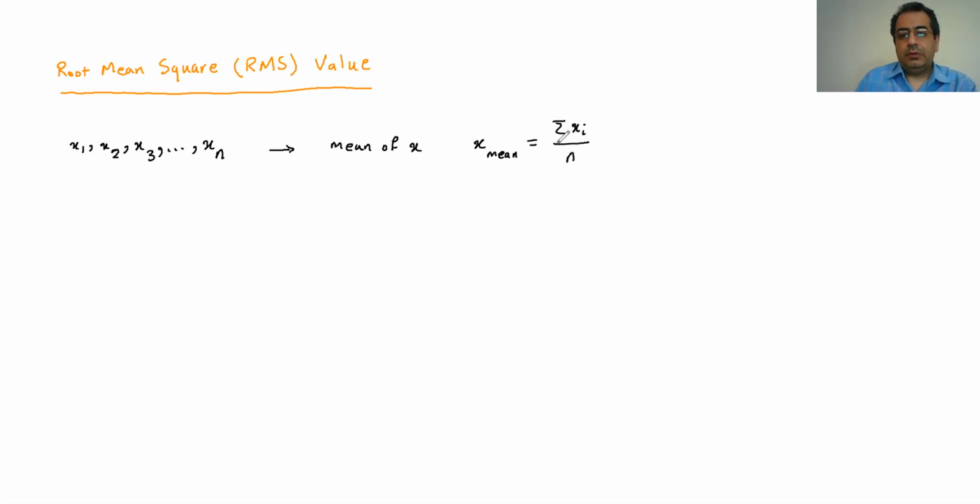Just add all together divided by n. This is very simple, so this is the mean.